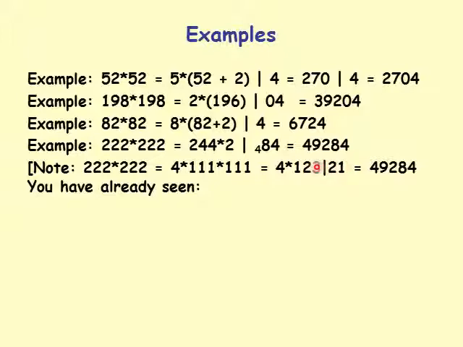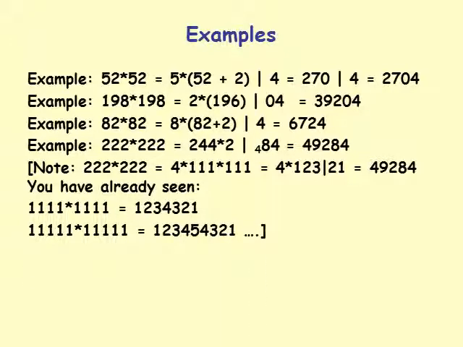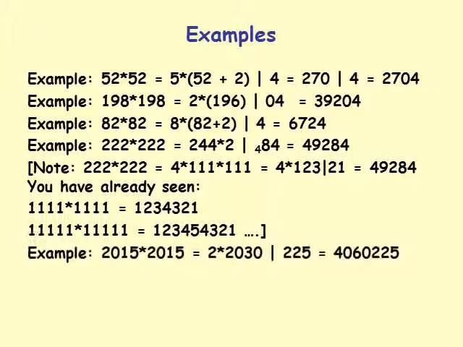Okay, 1 2 3 and 2 1. So you can multiply that over here. 123 times 4 is 492. 21 times 4 is 84. Okay, you have already seen numbers like this before. 1111 times 1111, the square of ones, is 1 2 3 4 3 2 1, like that. Okay, and 5 ones is that, and so on.